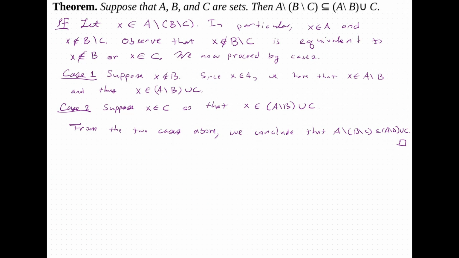And that's what we have done, since we already know that x is in A. So we don't have to go through and say, suppose x is in A and x is not in B. Suppose x is in A and x is in C. We are using that implicitly since we already know that x is in A from the start.